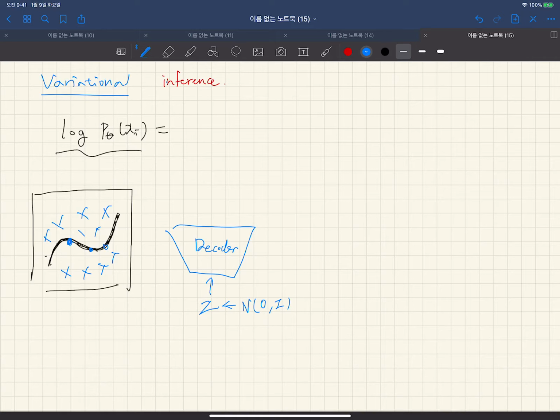Okay, so from the log likelihood value, we can rewrite it using the q phi z given x_i concept.